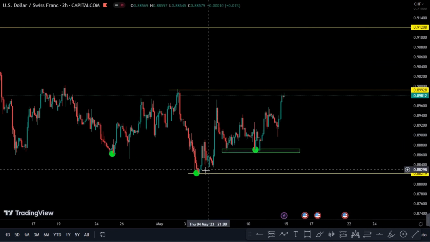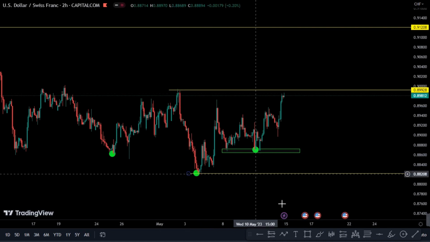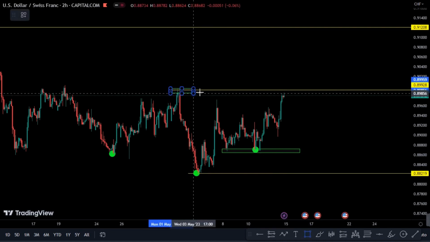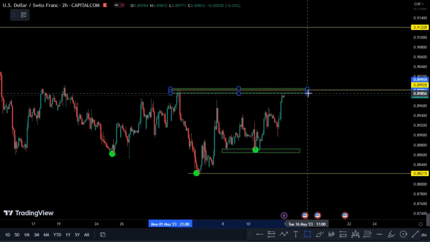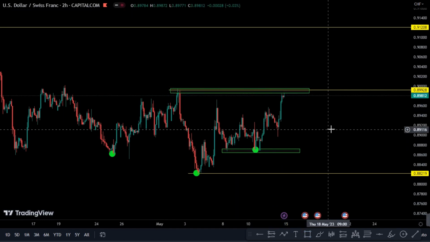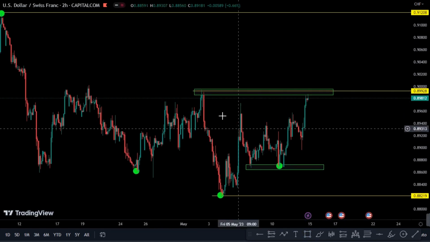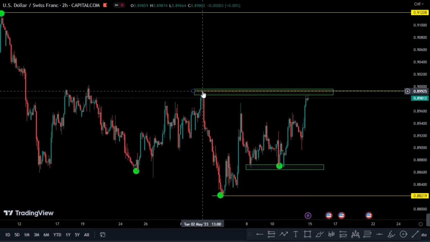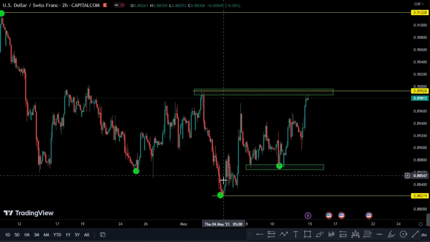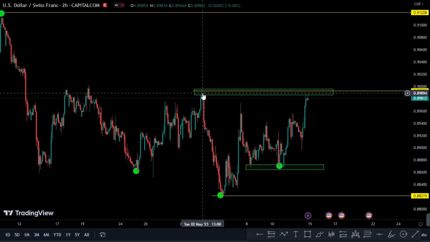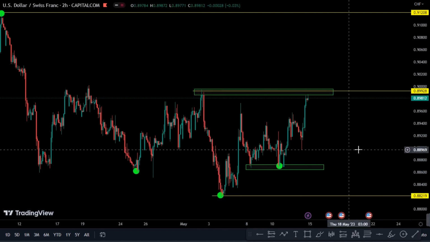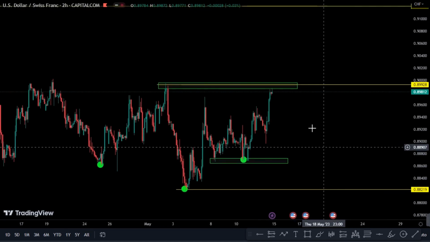we can see that this market also happens to give us the same structure as DXY. It is currently at a significant structure zone that was previously respected, as you can see here. Once the market got here, we had this very huge momentum towards the upside, and we had this market pushing all the way towards this area here, which was our support structure.